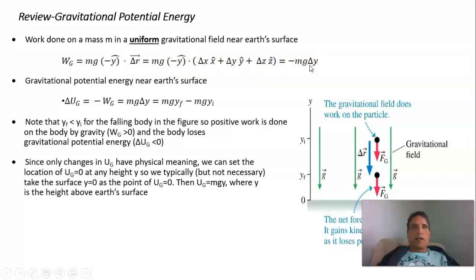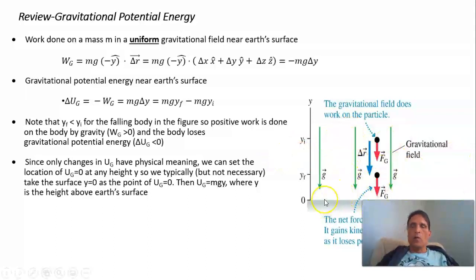Then the change in the gravitational potential energy is mg delta y, which is mg y final minus mg y initial. You've covered this in Physics 1150. In this case, y final is less than y initial, they're both positive, and so the work done by gravity is positive, and it leads to a decrease in the gravitational potential energy.